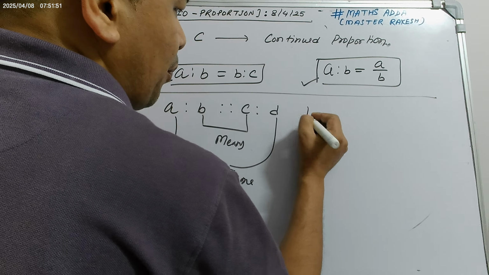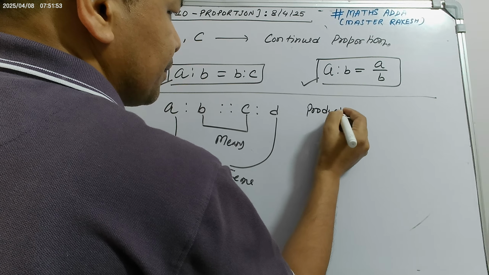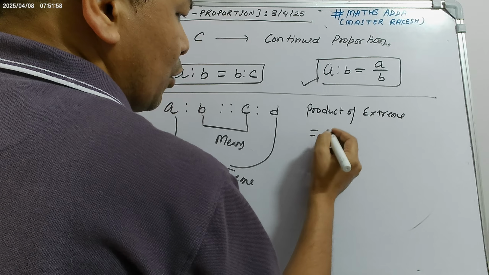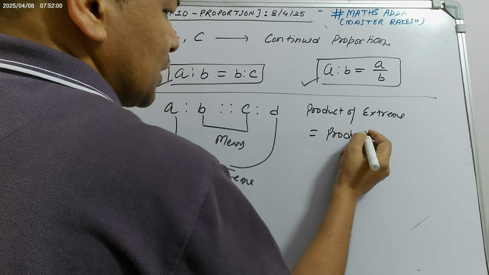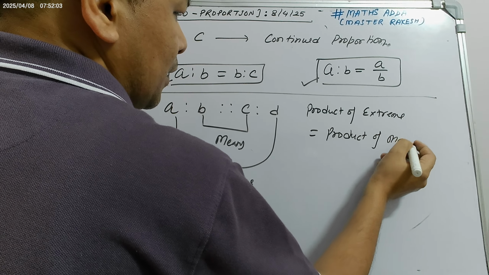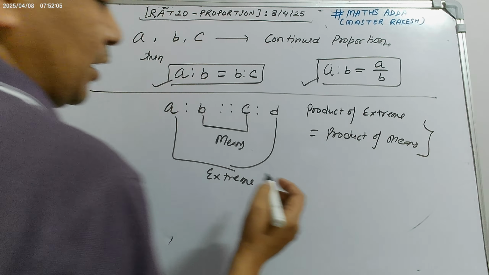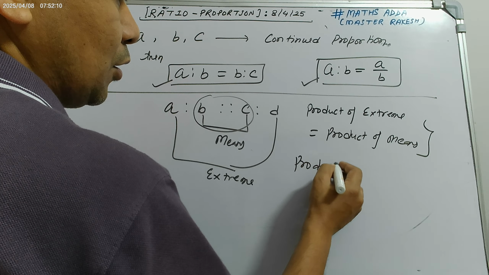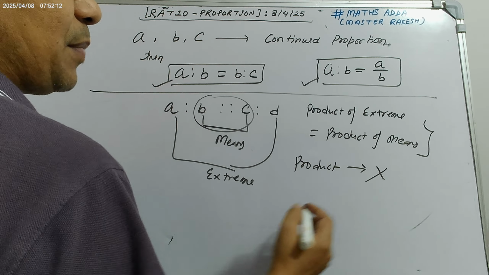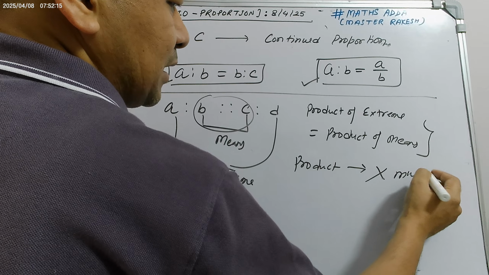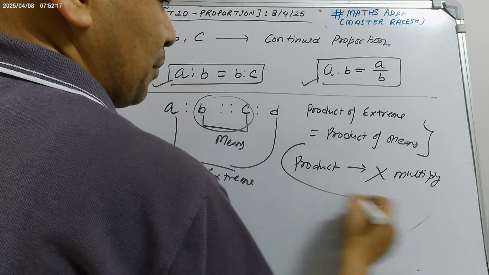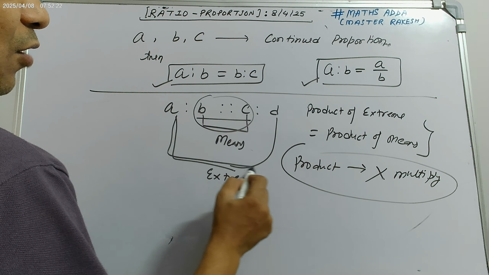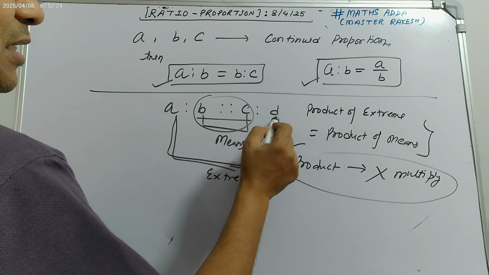So remember, the product of extremes equals the product of means. Product means multiply. If you multiply both middle terms, it will always equal the multiplication of the extreme terms.